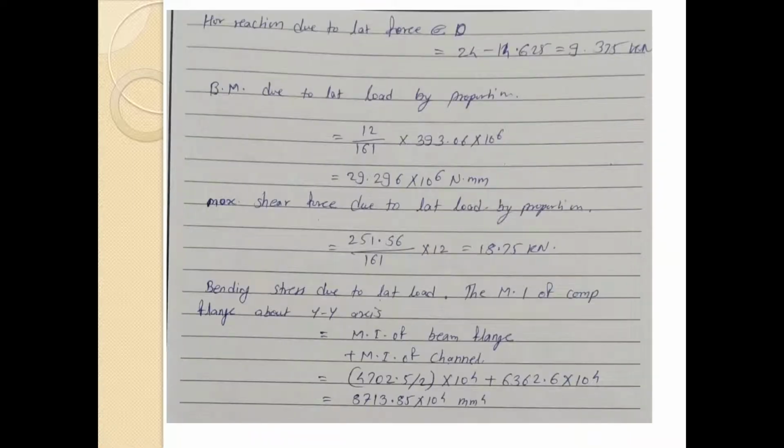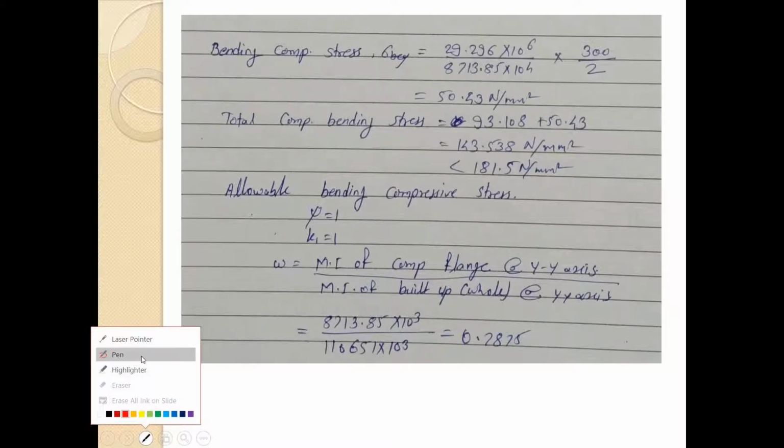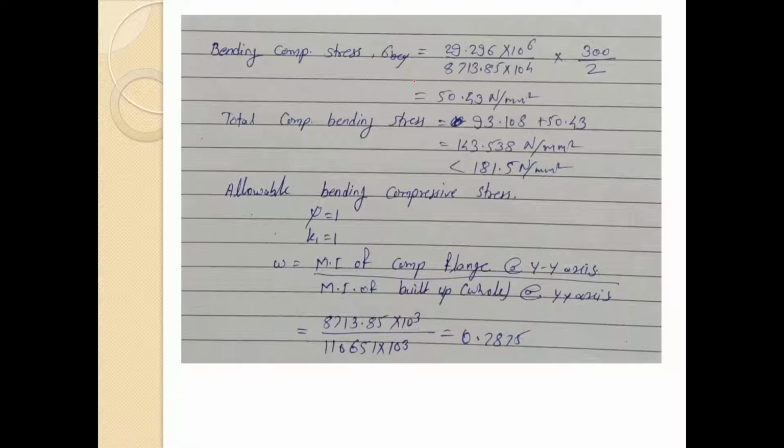and now we are going to check this for the horizontal or lateral forces. So far we have calculated the moment of inertia of this compression flange. So now the bending compressive stress, that is sigma BCY, is the bending moment divided by the moment of inertia into 300 by 2.